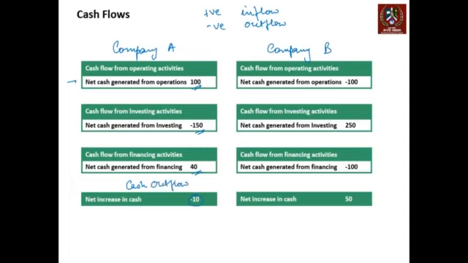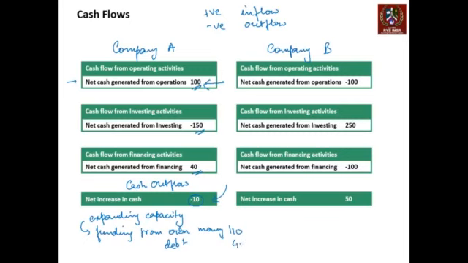But if you think about it, the company is possibly expanding capacity. We don't know the details, but it looks like it is expanding capacity using funding from its own money. How much of that is its own money? About 110: 100 coming from operations and 10 from earlier cash balances, and debt is about 40.